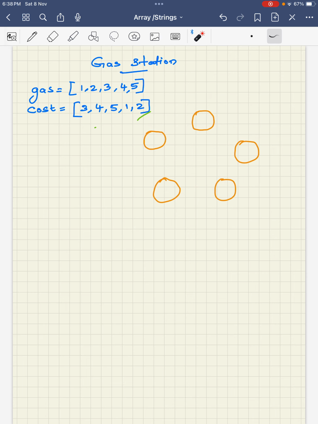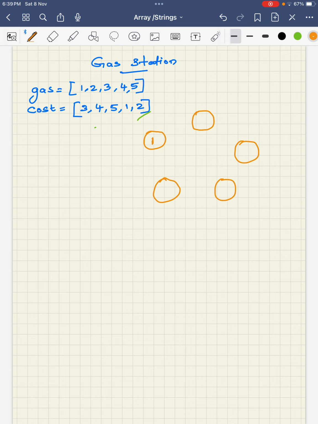Another piece of information given is that two lists are given. One is gas, another is cost. The first list means the amount of gas that a particular gas station can offer.